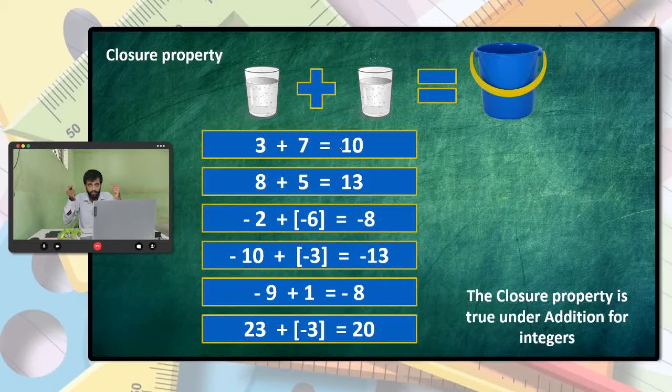When you substitute integers, will your result be an integer? Or if you have taken two natural numbers, will your result be a natural number? Or if you have taken two rational numbers, will your result be a rational number? That is what you check with these properties. I hope this closure property is clear under addition. If so, then let's go ahead.